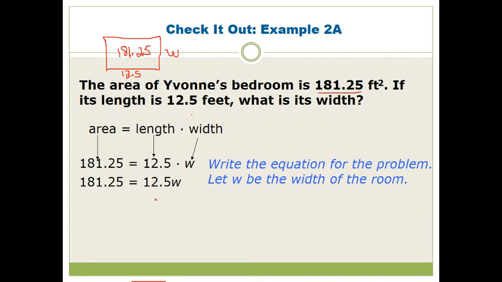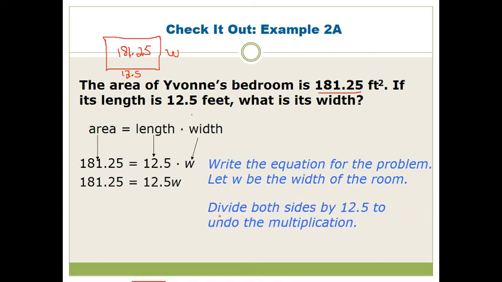All right, so over here now we have the variable. We do have it on the right-hand side of the equation, but that's okay. That doesn't change anything. You still ask yourself, what is being done to the variable and how do I undo that? So in this case, we are multiplying the unknown, the W, by 12.5. So we need to divide both sides by 12.5 to get the W, or the variable, by itself.